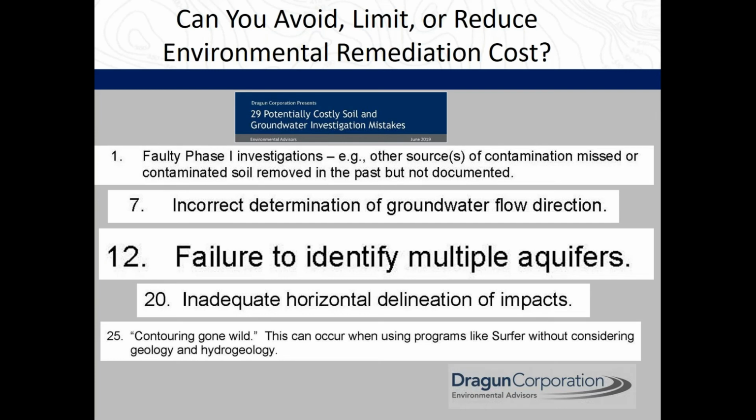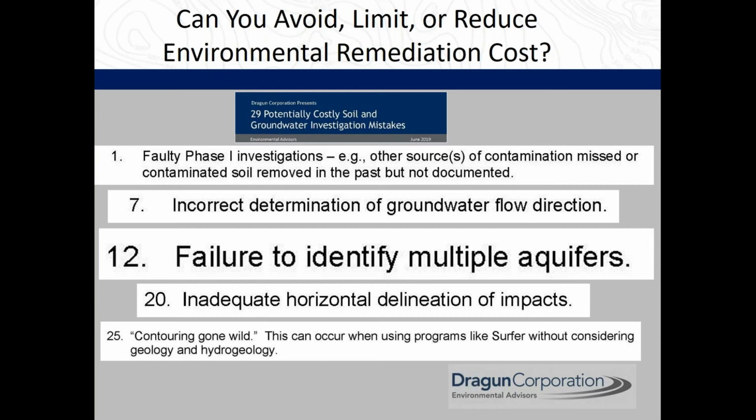This is kind of my saying, and it's kind of related, number 20 there. It's when you use a program like Surfer, which is a contouring program, without considering things like geology and hydrogeology. And with Surfer, you can just tell it how to contour, but you're making an assumption about, say, concentration variations between 2 known points.